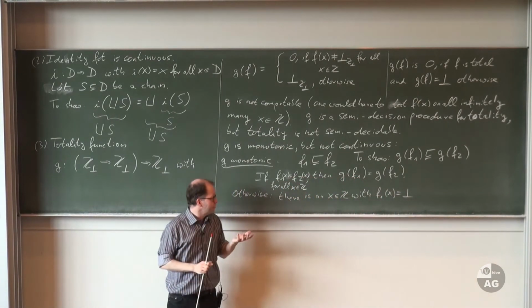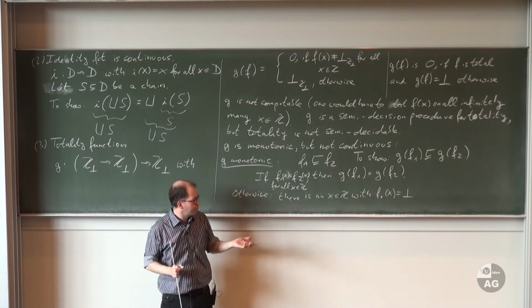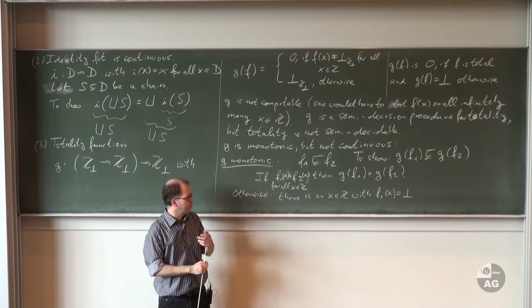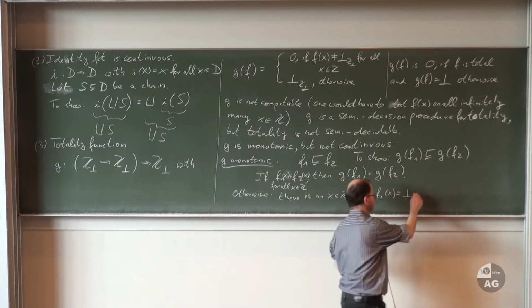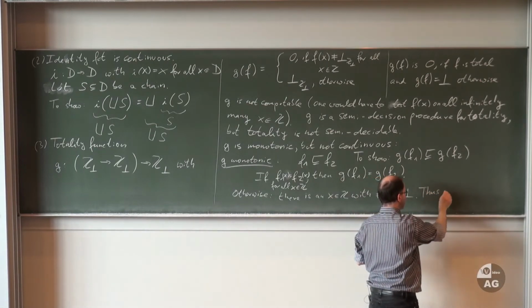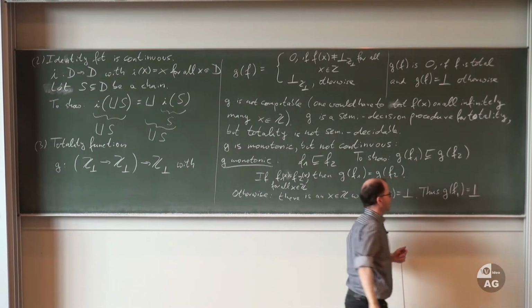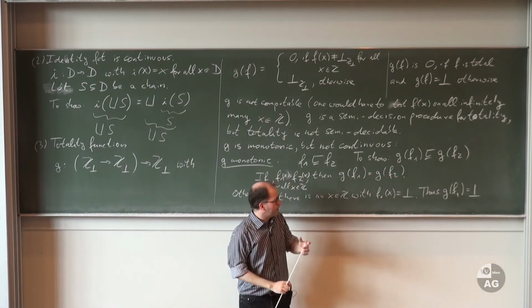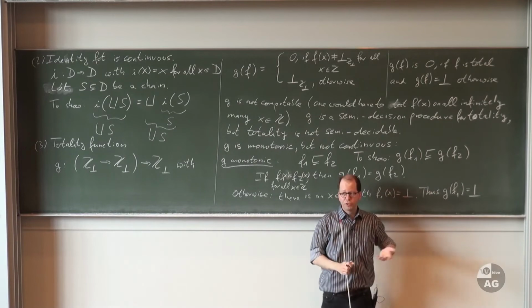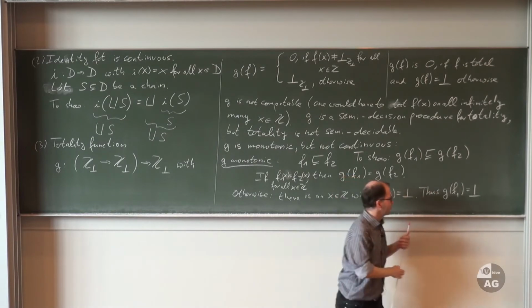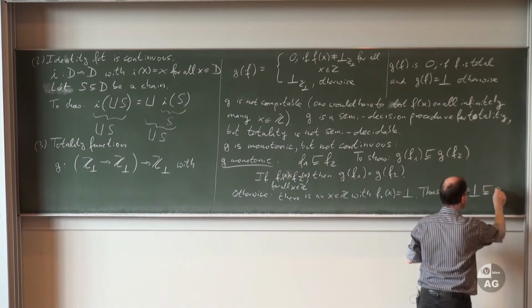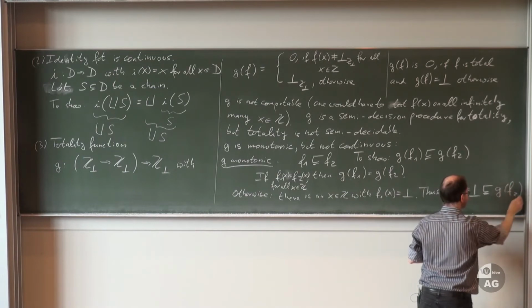So then the only possibility is that f1 is not total. And if f1 is not total, then G of f1 is bottom. And therefore, G of f1 is less defined or equal to G of f2, because bottom is smaller or equal to anything.